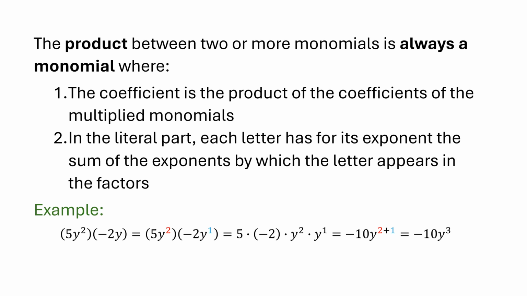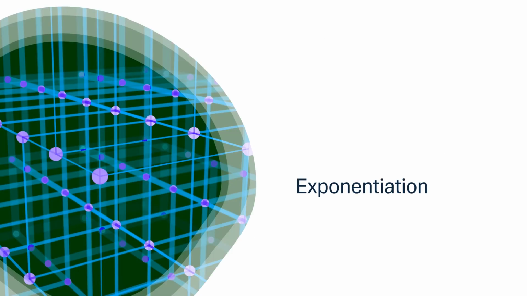This is because it's a rule of exponentiation, of course. Okay, when we multiply two things that have the same base but different exponent, we are going to sum the exponents. Okay, same base but the sum of the exponents. In this case, 2 plus 1 equals 3. So the final result is negative 10y cubed, simply.